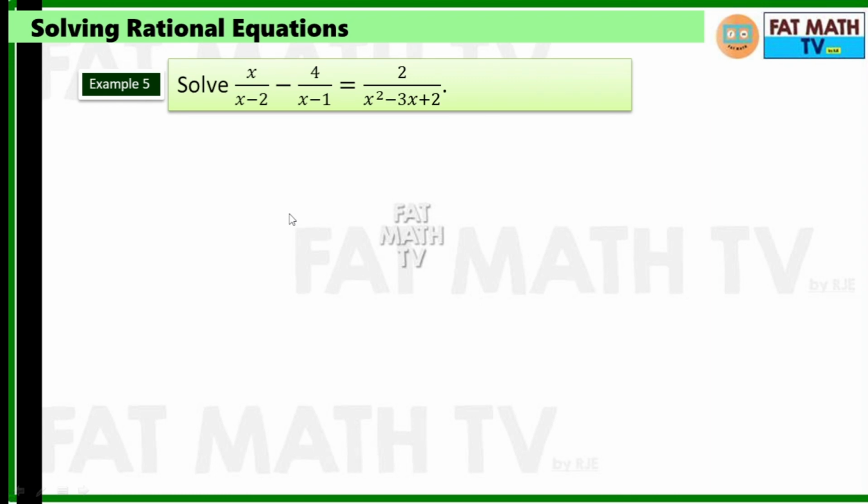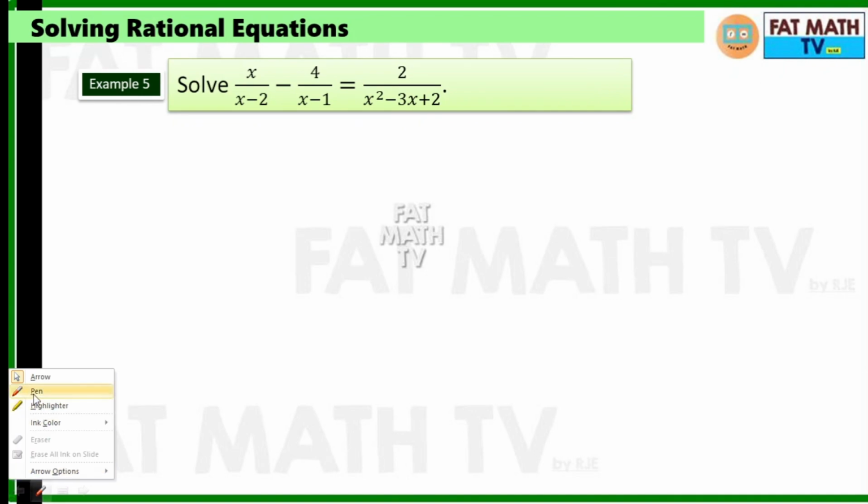How about if we have this one? Solve x over x minus 2 minus 4 over x minus 1 equals 2 over x squared minus 3x plus 2. So we have three denominators here: x minus 2, x minus 1, and x squared minus 3x plus 2.